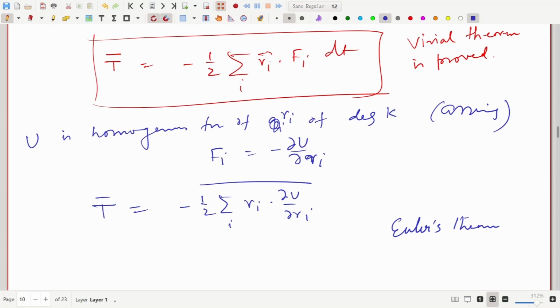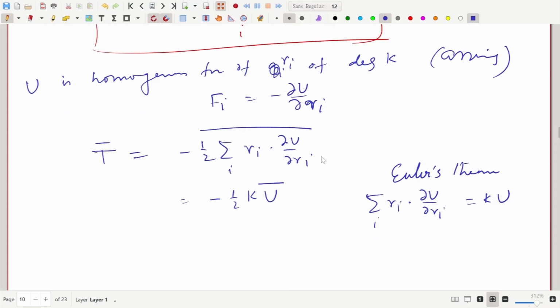If we apply it and the degree is k, then this quantity will be minus half k times U bar, because using Euler's theorem, r_i dot del U del r_i is kU, where k is the degree of homogeneity. So, sum over i.